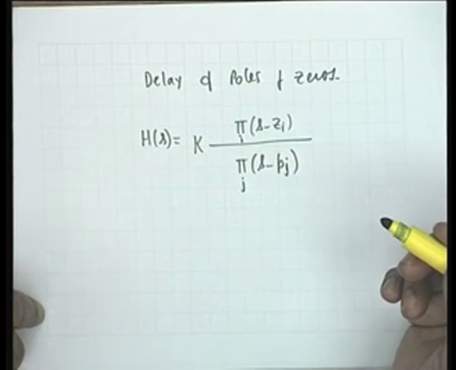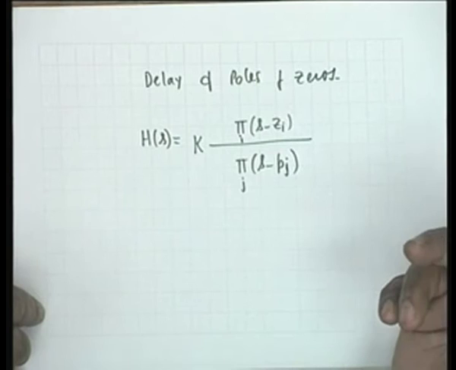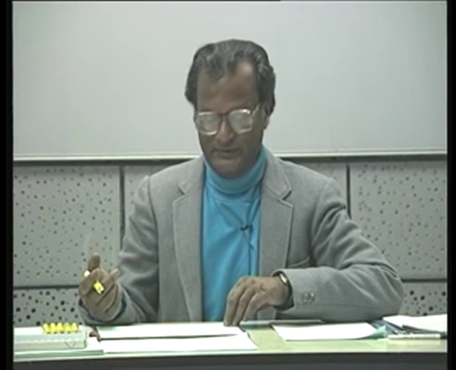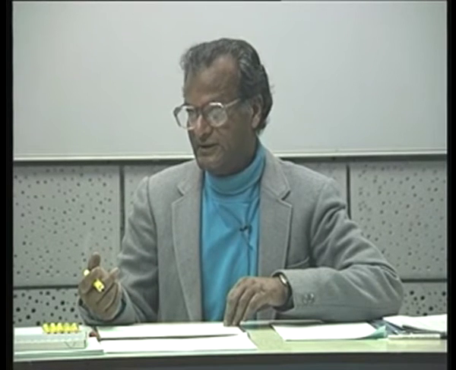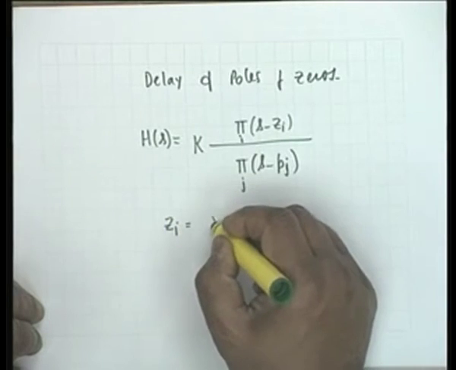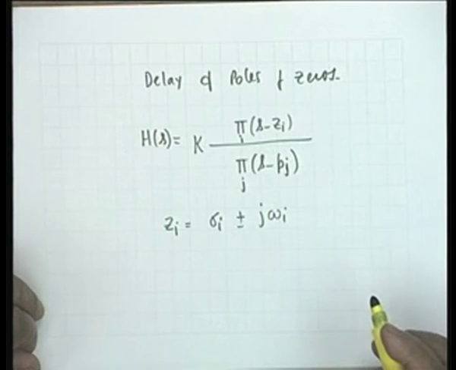Real is a special case of complex, correct? A real pole or real zero is a special case of a complex zero or complex pole in which the imaginary part is 0, and therefore it suffices to consider complex poles and zeros. The real poles and zeros are special cases. So let us say z_i equal to sigma_i plus minus j omega_i.